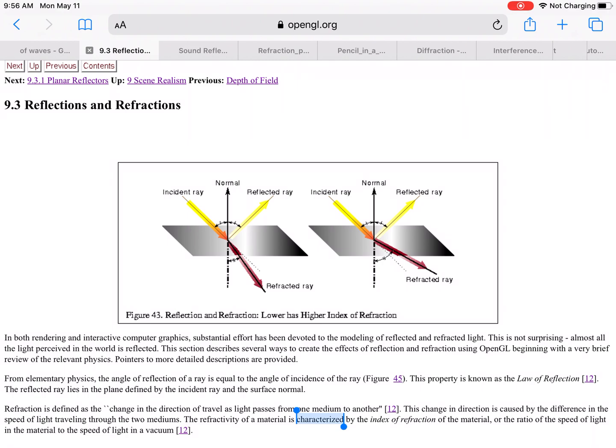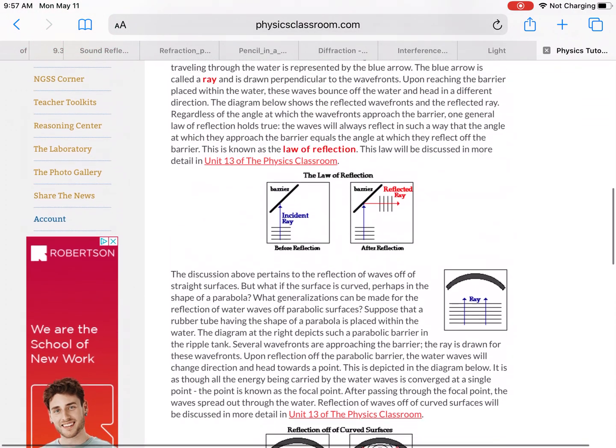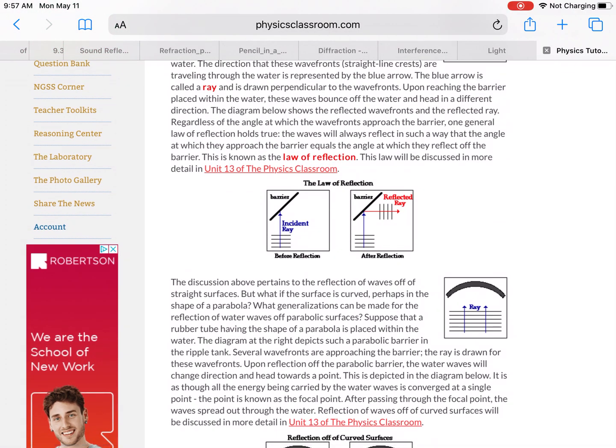Now, before we continue talking about the law of reflection, I want to talk about drawing these waves for a second. If I go back to the physics classroom here, you can see that there are a few parts that we have as part of drawing the wave, and one of them is the ray, and then we have these lines, and these lines are the wave fronts.